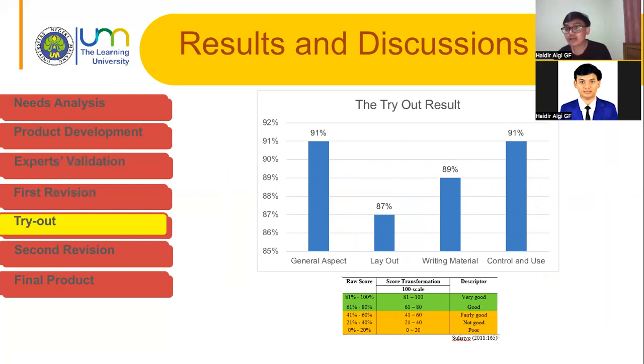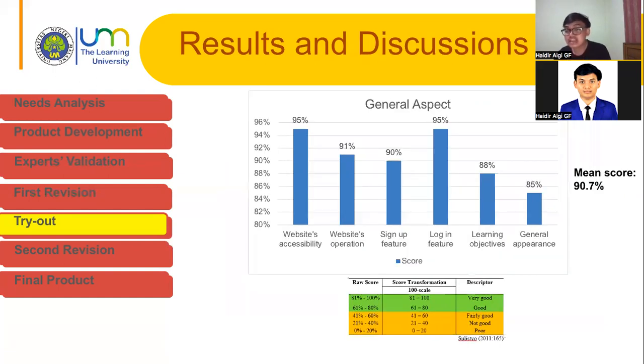There are four factors of assessment in this case: general aspect, layout, writing material, and control and use. Each of them has 6 to 7 components of assessment. For example, in the general aspect, website accessibility should be assessed, website operation, sign up feature, login feature, learning objectives, and general appearance.